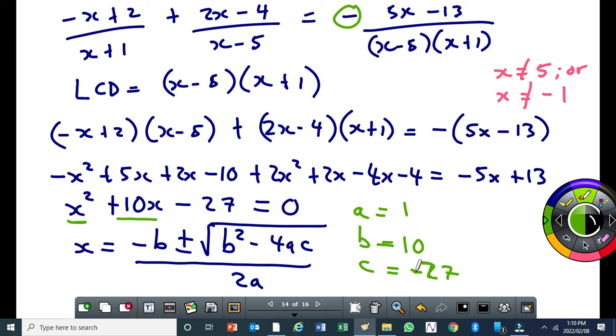Don't worry, you're going to be very good friends with this formula. Now let's substitute. Please take note the formula has got a minus there. So our b is positive, which means we are going to end up having minus 10 there. Let me move on to the next page. But we have got a question.